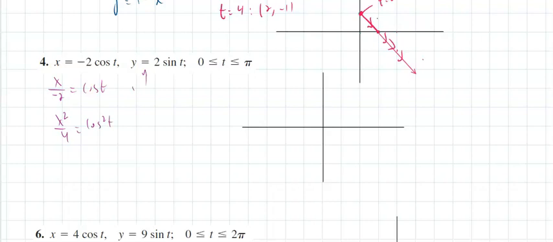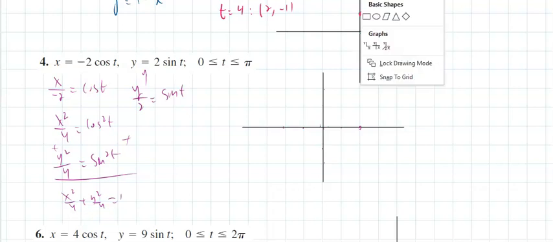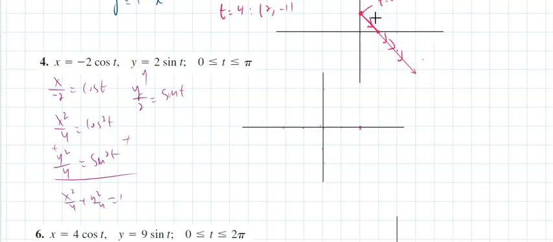So we knew this was a circle. If you add both sides of the equation, you're looking at x squared over 4 plus y squared over 4 equals 1. 2 in the x and 2 in the y. And draw your circle. Now we're not sure if we're going to get the whole circle or not, but we'll figure that out in a minute.